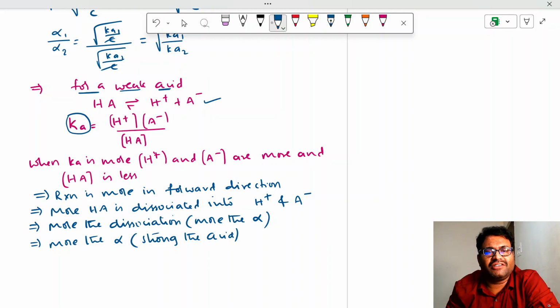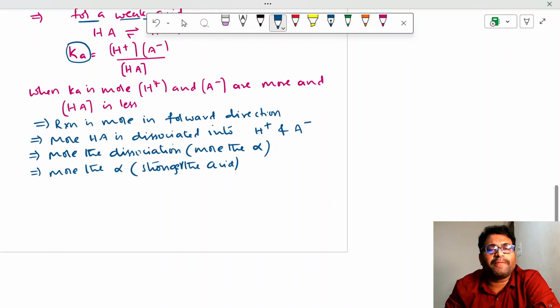Stronger means among weak acids only, relative. We say stronger the acid, not strong acid. When you are comparing with another acid, that will be stronger.